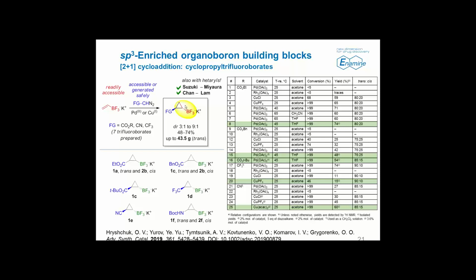The corresponding building blocks were quite efficient in both C-C couplings, the classical Suzuki-Miyaura reaction, and also in C-N couplings with azoles under Chan-Lam conditions. So these building blocks are indeed efficient to introduce the corresponding functionalized cyclopropyl system into organic molecules.